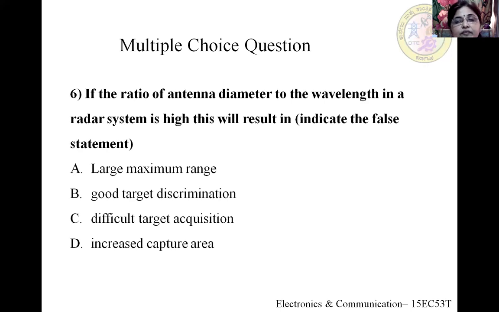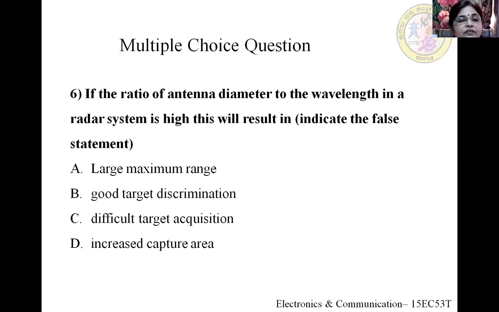Next, we'll go to the next question. Question number 6. If the ratio of the antenna diameter to the wavelength in a radar system is high, this will result in, so here indicate the false statement. A, large maximum range, B, good target discrimination, C, difficult target acquisition, D, increased capture area.